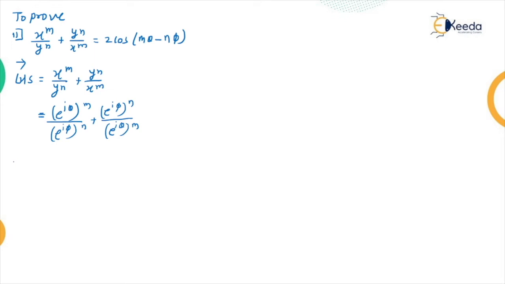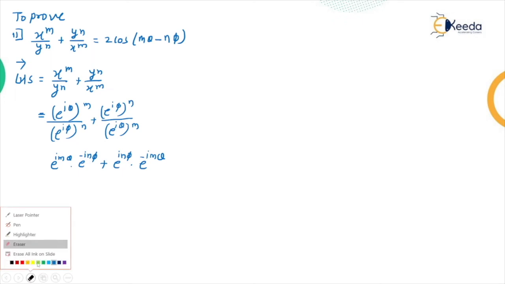Now this can be written as e^(i theta) to the power m, it is e^(i m theta) into, if you take the denominator to the numerator, e^(-i n phi), plus e^(i n phi) into e^(-i m theta). We adjust the denominator in the numerator, okay guys.